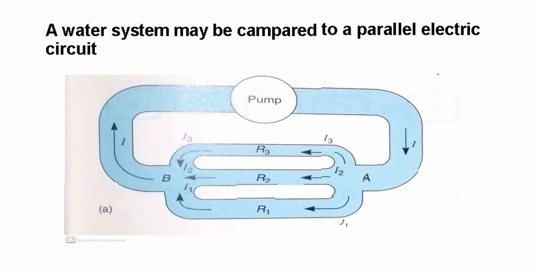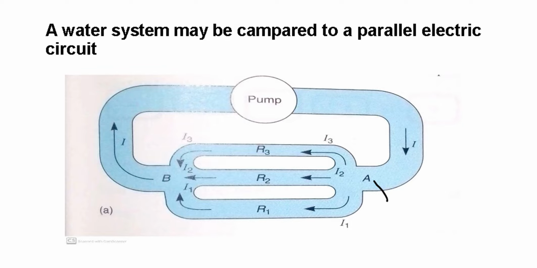The total amount of water flowing through R1, R2, and R3 equals the amount flowing through A and also B. For instance, if 5 liters of water is flowing through this A, when it enters, it is going to be distributed through R2, R3, and R1.